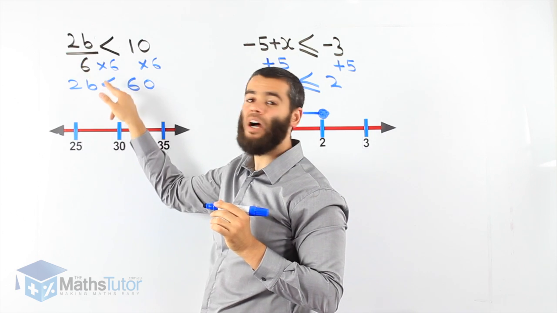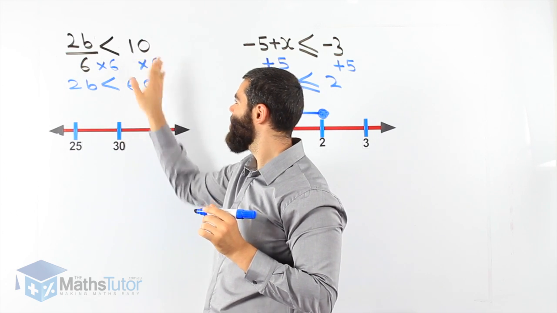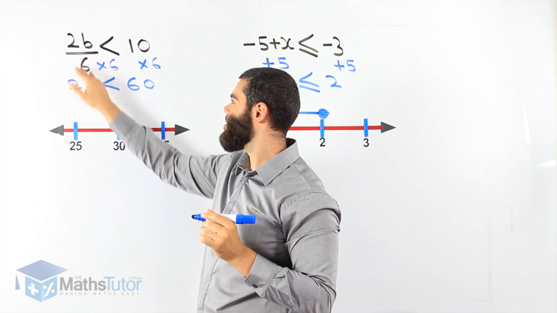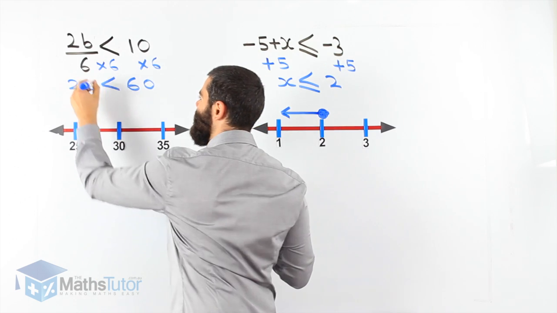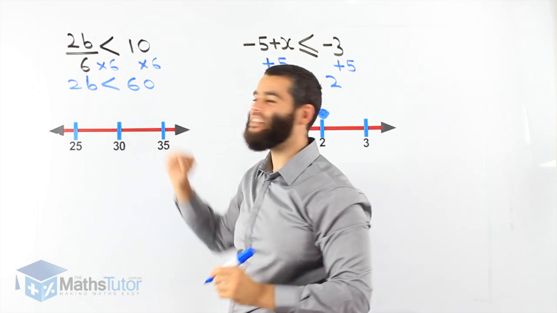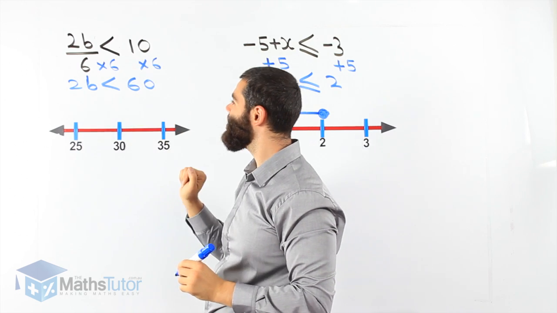Divide by 6 becomes times 6, so times 6 on one side, times 6 on the other side. They cancel each other out. You're left with 2b. 2b is less than 10 times 6, which is 60.